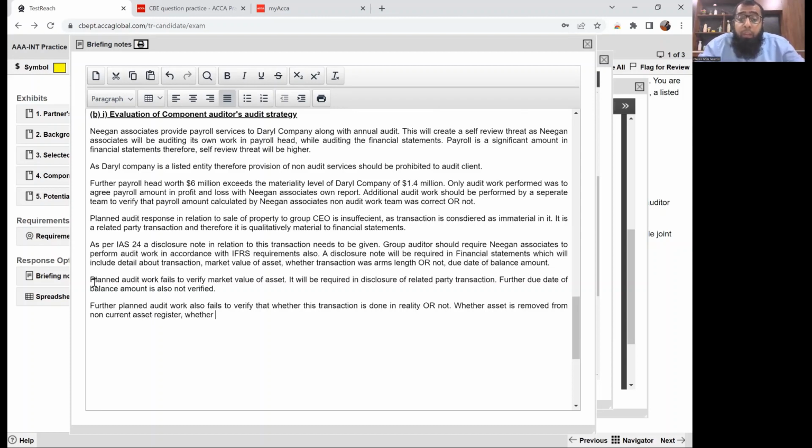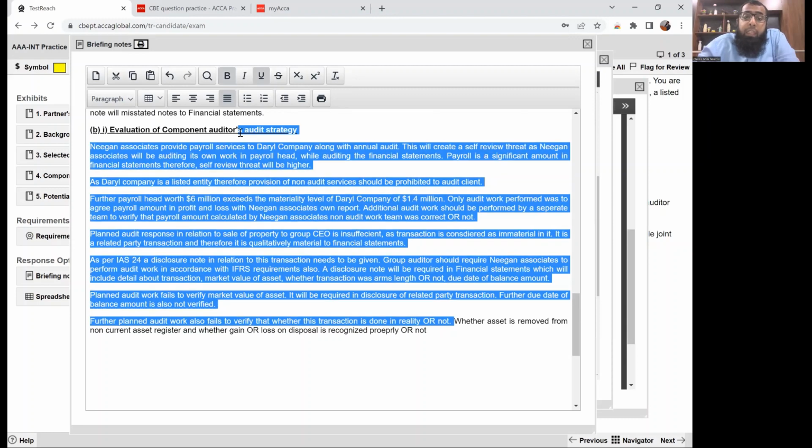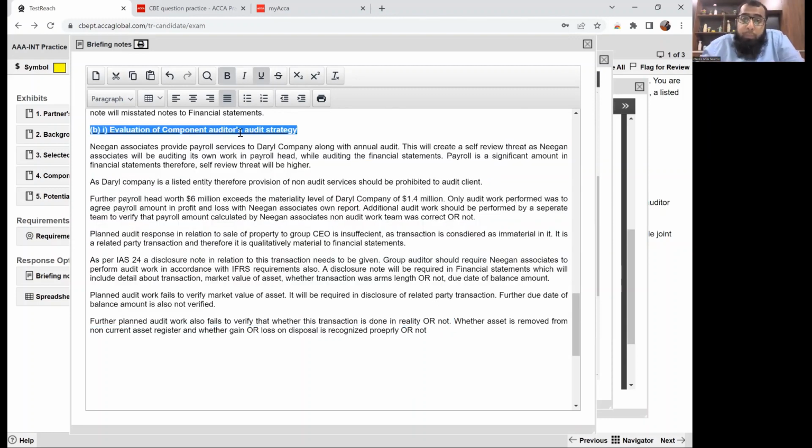Okay, whether gain or loss on disposal is recognized properly or not. Okay, so the planned audit work fails to verify whether the transaction has been done in reality or not. So what we had to do in this part was to evaluate whether the component auditor's work was sufficient or not.